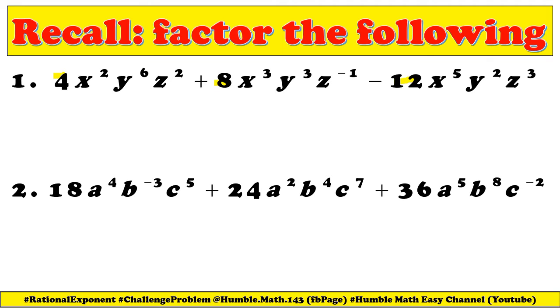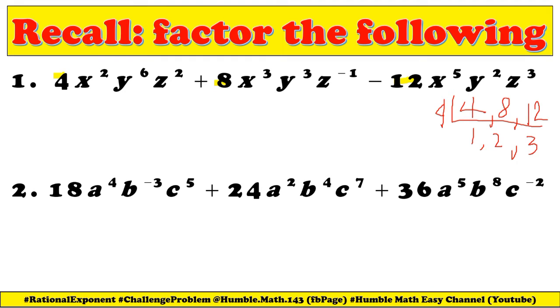So as we cater for that, we have to get the common multiple of this. So we have here 4, the common divisor of 4, 8, and 12. The common divisor of this is 4. All of the numerical coefficients are divisible by 4. So 4 divided by 4 is 1, 8 divided by 4 is 2, 12 divided by 4 is 3.